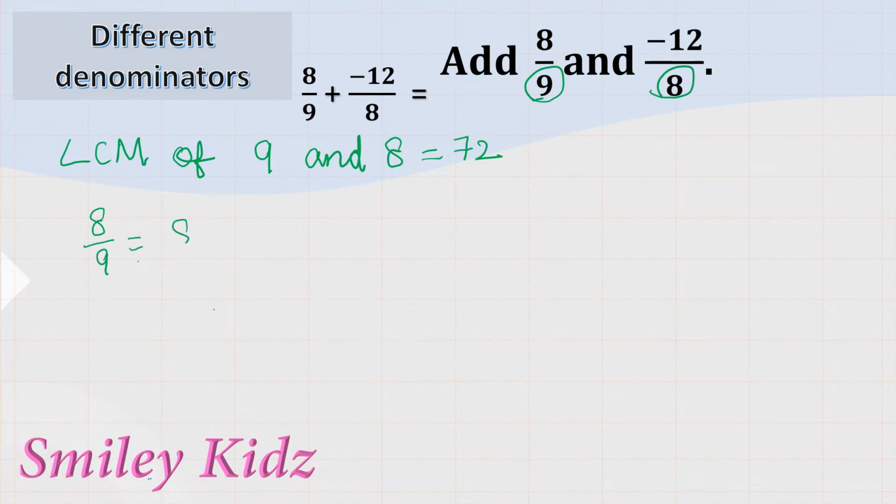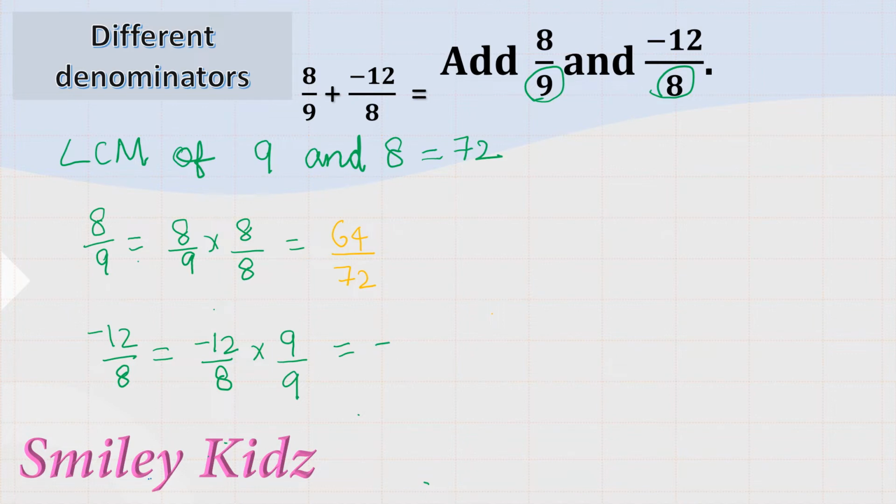8/9 is equal to 8/9 multiplied by 8/8, which is equal to 64/72. -12/8 is equal to -12/8 multiplied by 9/9, which is equal to -108 by 72.